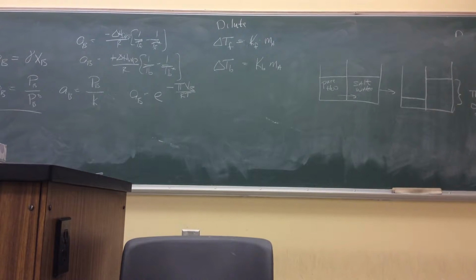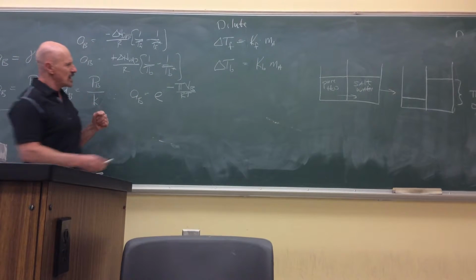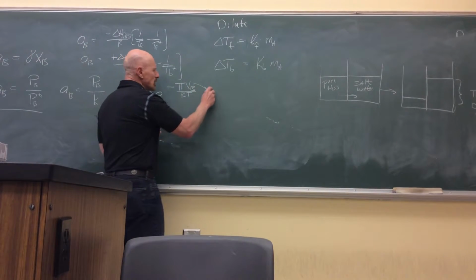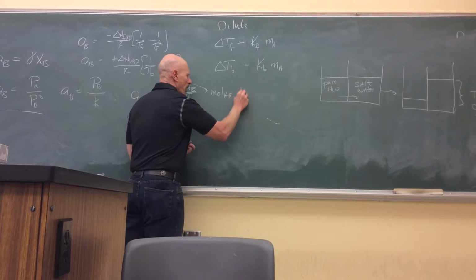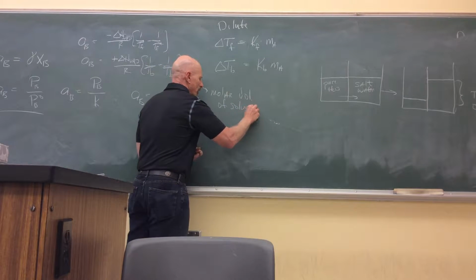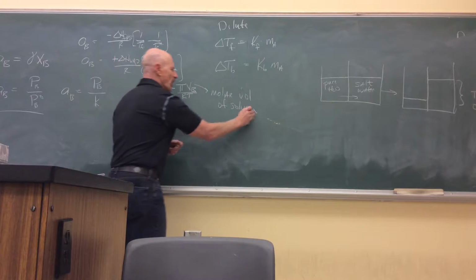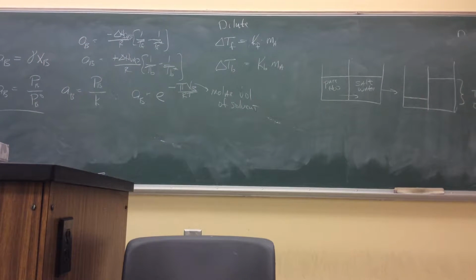So what I would do is take a saltwater system and measure this whole thing. This, by the way, is the molar volume of the solvent. So we could get that from the density.